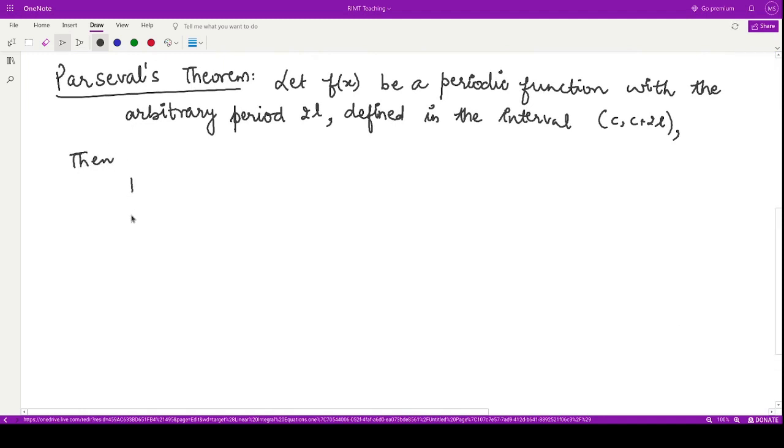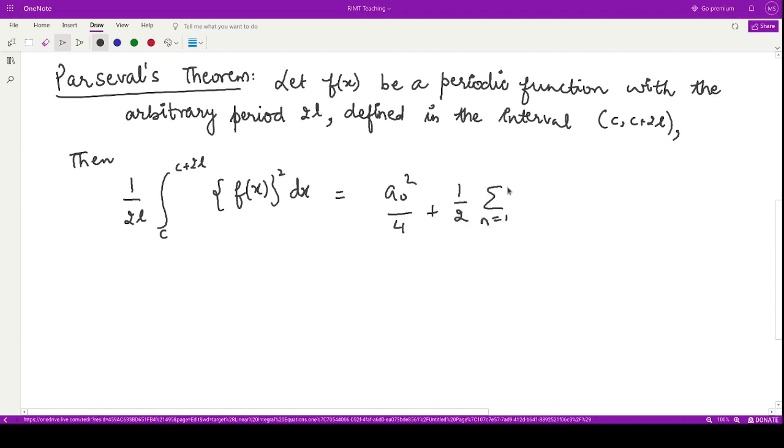Then we have this relation which says that 1 by 2l integration from c to c plus 2l of the function whole square is equal to a naught square by 4 plus 1 by 2 summation n varies from 1 to infinity a n square plus b n square, where a naught, a n and b n are the Fourier coefficients of the function f of x.